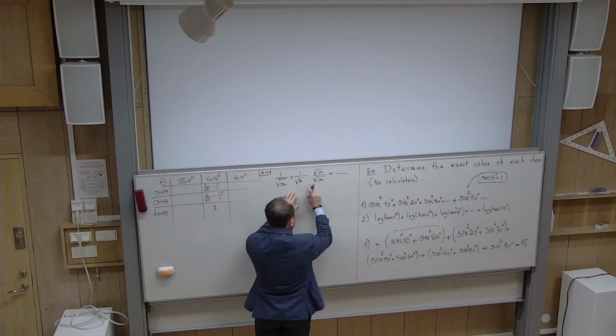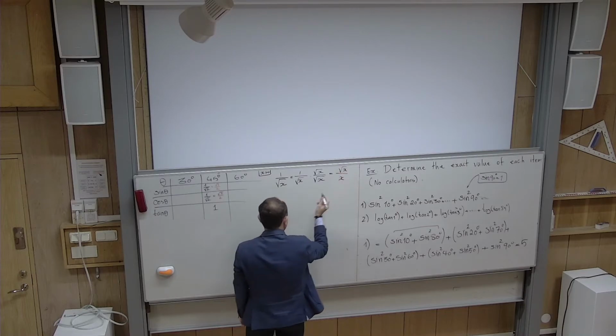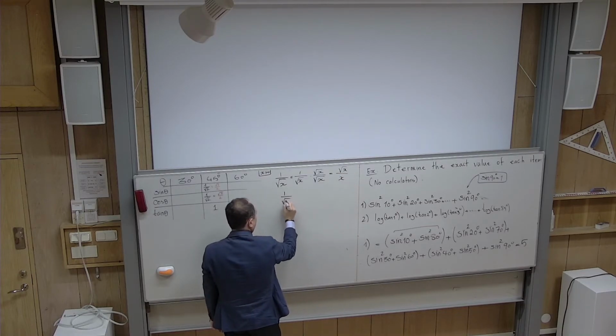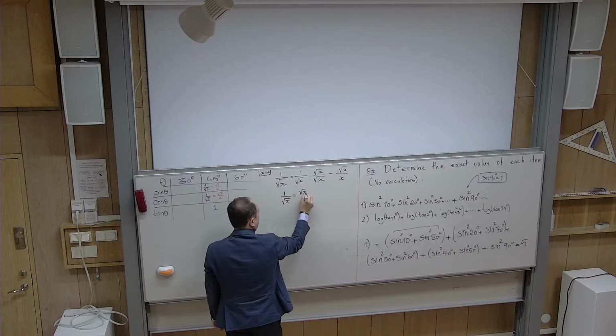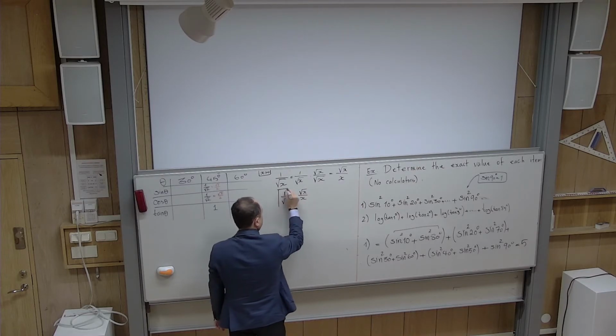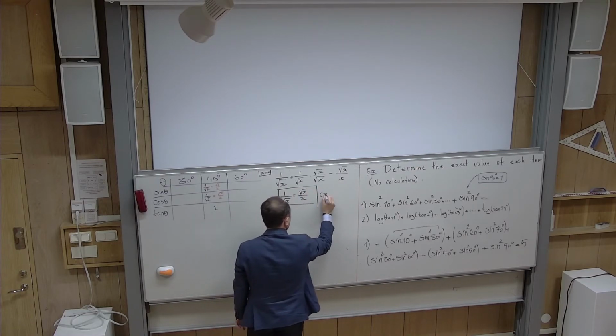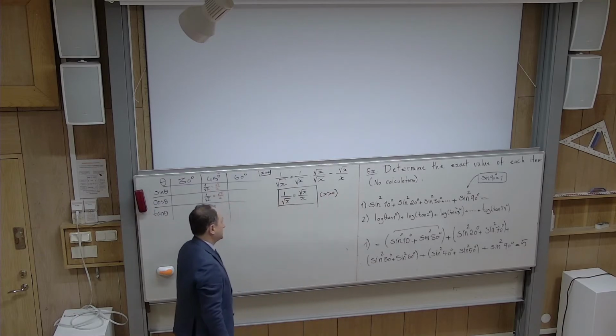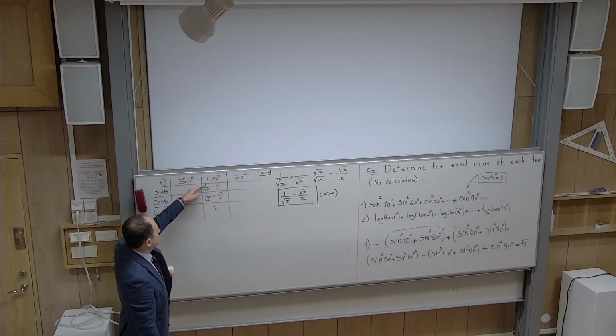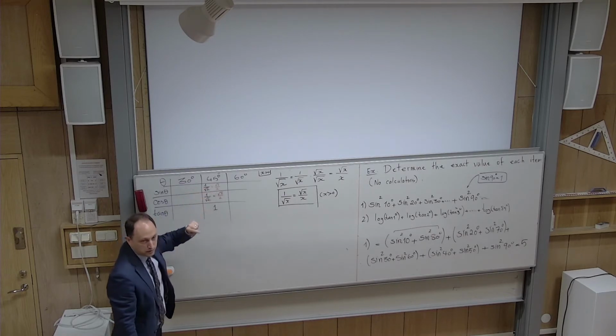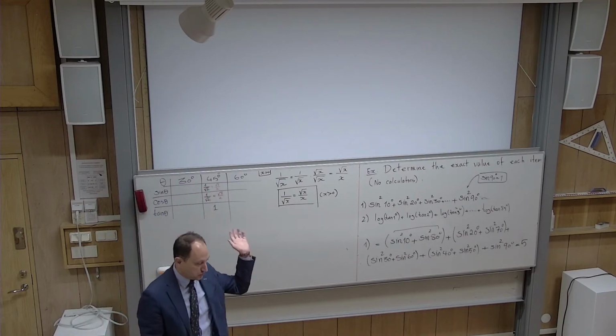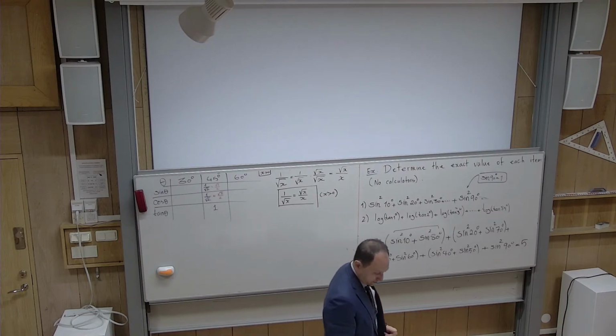Why? Because this multiplied by that becomes x, and this becomes the square root of x. So it is good to have in mind to be quick. So this is always the case if x is positive. So this is why it doesn't matter if you write 1 over a square root of 2 or you write a square root of 2 over 2. It depends which book you are using.